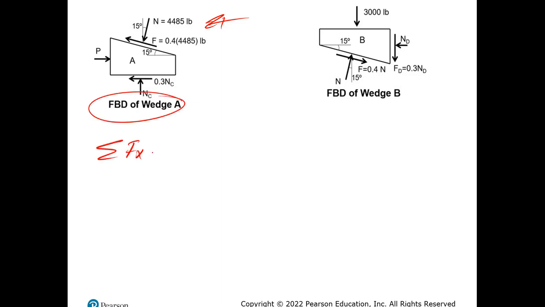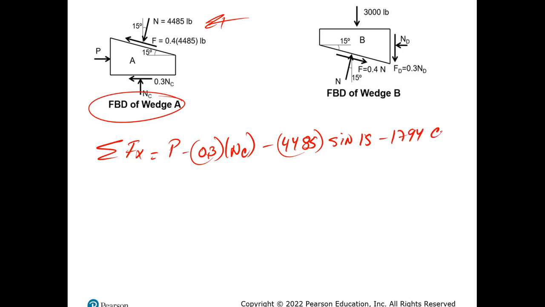The sum of forces in the x direction will be equal to P minus 0.3 multiplied by NC, minus 4,485 multiplied by the sine of 15, and then minus 1794 cosine of 15, and this is equal to 0. That will be my first equation.